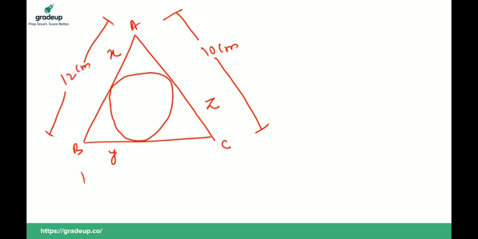Okay, if this is x, this is y, this is z, and the length of this is 10 centimeter, the length of this is 12 centimeter, and the length of this is 8 centimeter, then find the values of the lengths x, y, and z. This is the question.